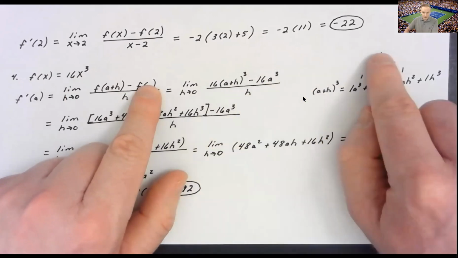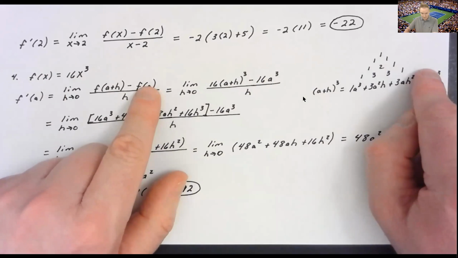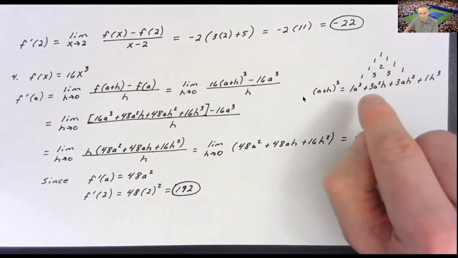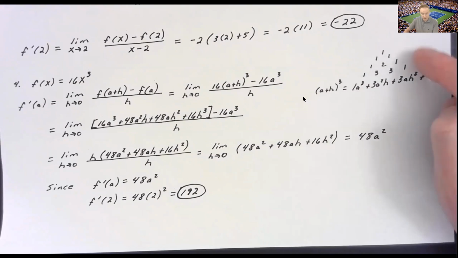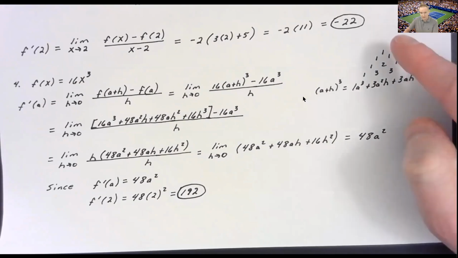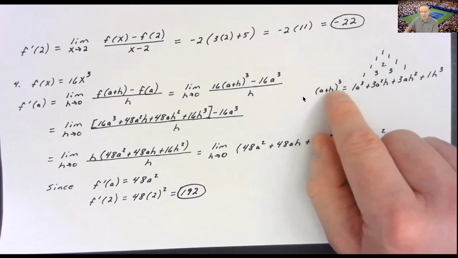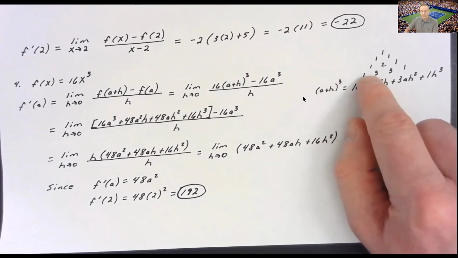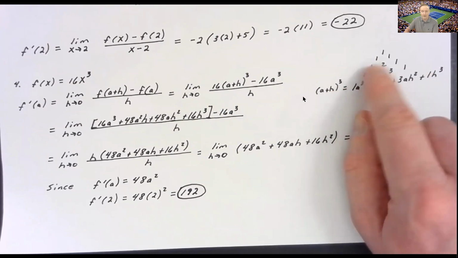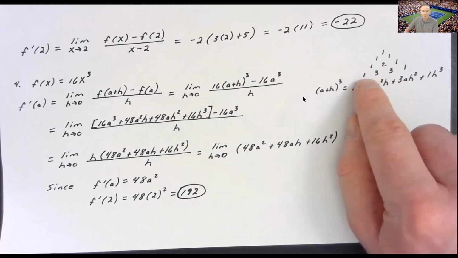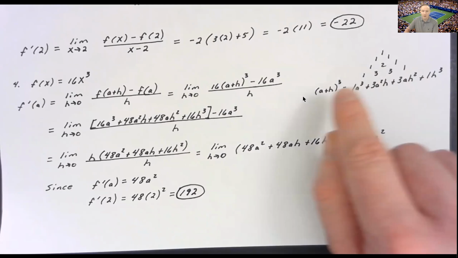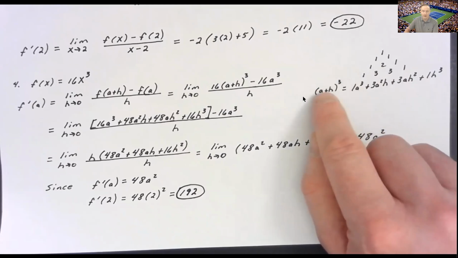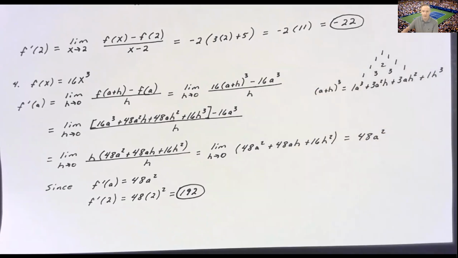Now over here, I showed Pascal's triangle as to how to expand out a plus h to the third power. This was also explained in your notes, so please make sure you see a plus h to the third by the fourth row of Pascal's triangle. We can see that the coefficient should be 1, 3, 3, 1. The 1 is always the coefficient of the full power of the first term, so 1a to the third.